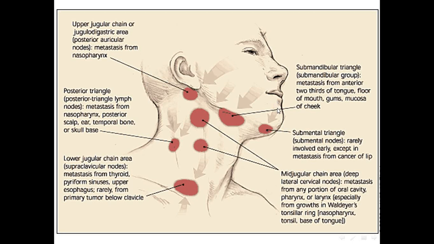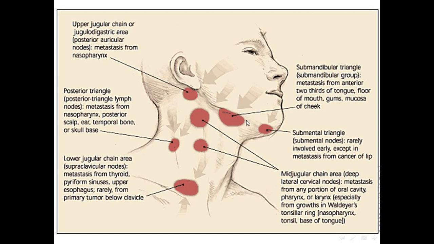So the metastasis of cancer of the lip is usually to the submental, but the others do not drain in the early stages to the submental. So when we see submental lymph nodes, we have to consider something near there, or we have to look for other groups which may be drained earlier and then drain to the submental.